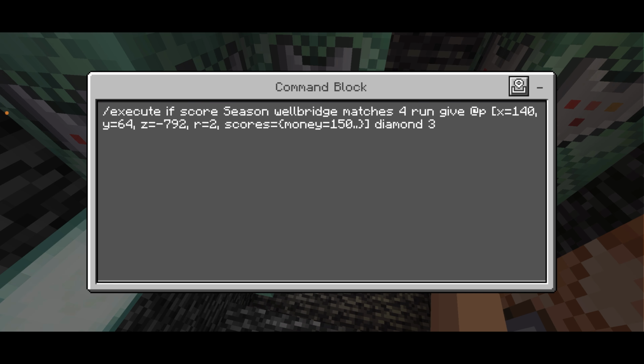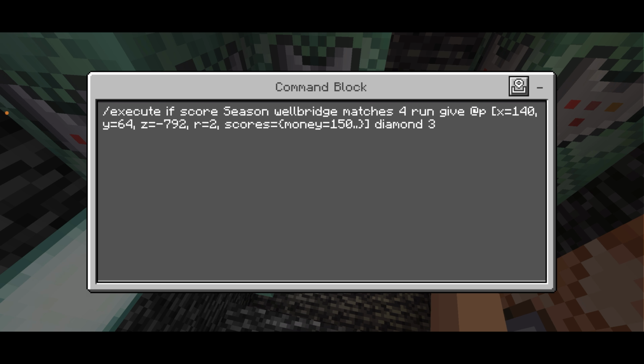We are going to do execute if score season matches 4, give at P, money equals 150.